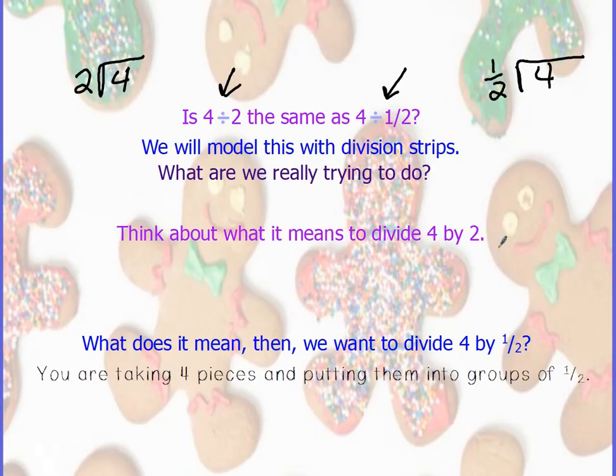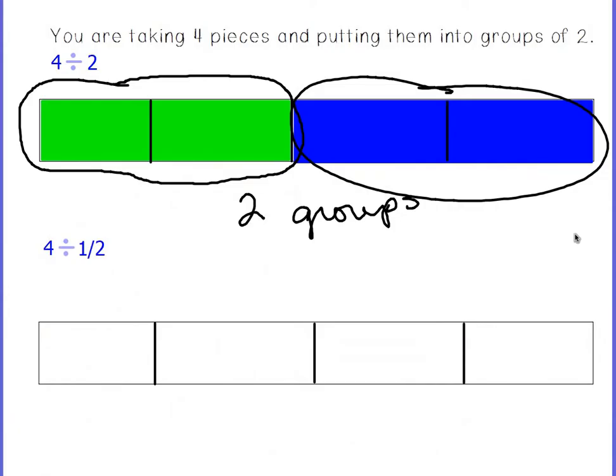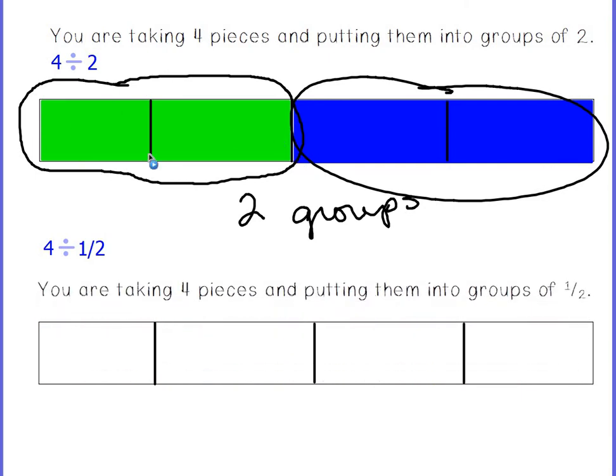Okay, so now let's think back to when we took it and said we're putting them into groups of 1/2. Well, now my pieces aren't going to be the same size. Okay, because before when I did this, my pieces were still the same size. So 1 was equal to 1, and so on and so forth. So this right here was a whole piece. Now I want to put them into groups of 1/2. So I have to take these pieces and I actually have to split them in half. So here's a half, here's a half, half, half. Because what I'm doing is I want 1/2.